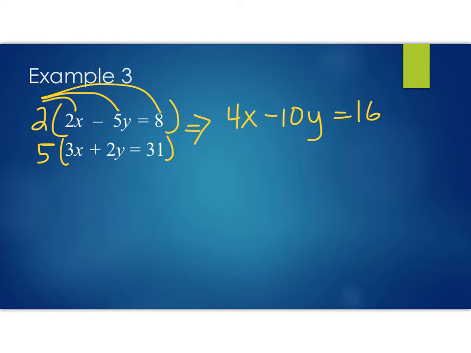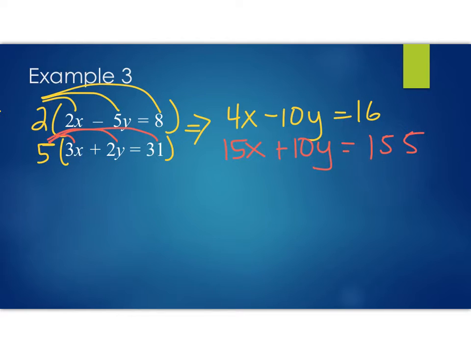And remember, you have to multiply every single term. So 5 times 3x is 15x. 5 times 2y is 10y. And then don't forget 5 times that 31. We'll get 155.